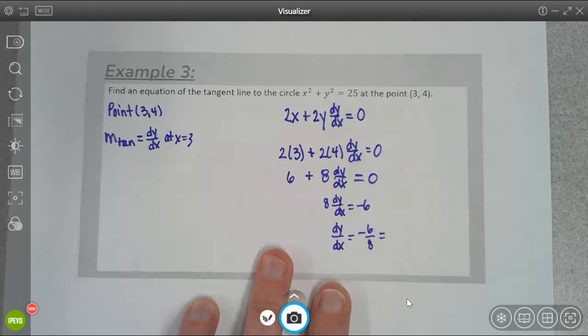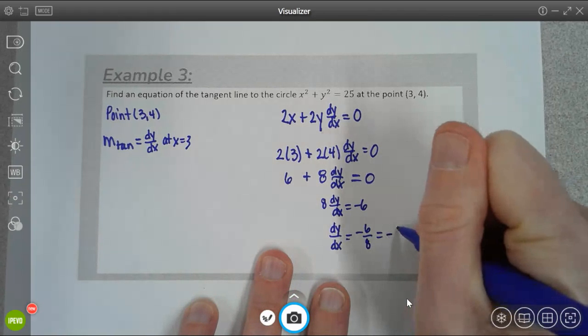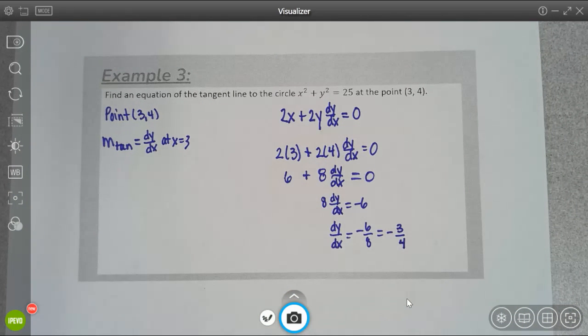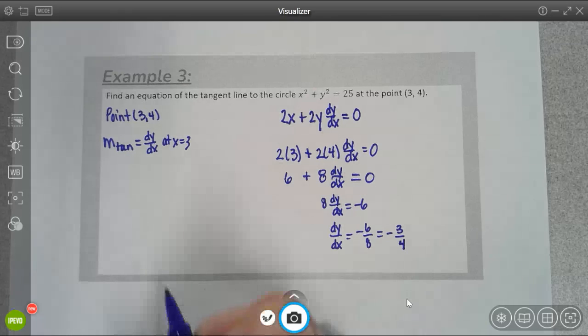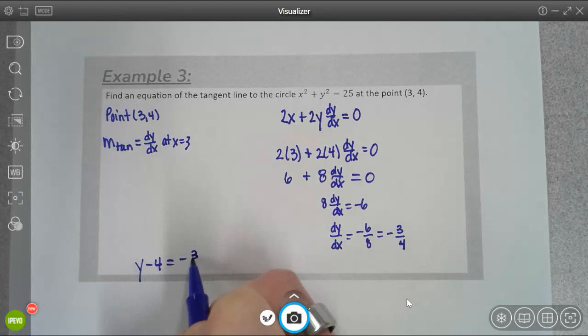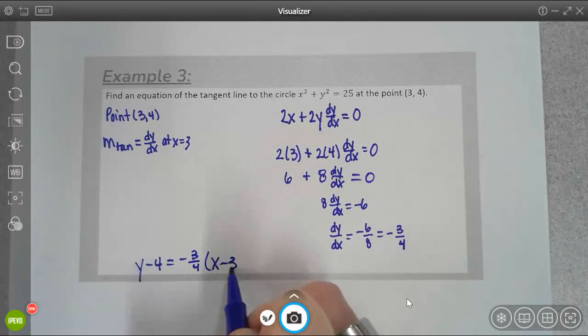So negative 6/8, they're both divisible by 2. That would reduce down to negative 3/4. So now I have my point 3,4 that they so nicely gave to me. And I have my slope of my tangent line at x equals 3, which is now negative 3/4. So I can put all of my pieces together using my point slope formula and write my equation.